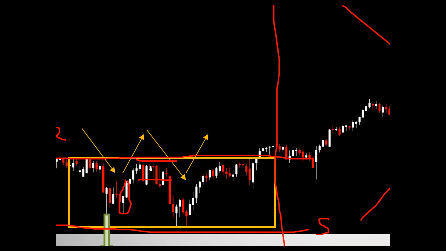Doji candle, tiny body. Close and open prices are on the same level pretty much. Another indecision candle. Long tails, but the body, the open and the close price are about the same. Indecision. Another indecision over here.